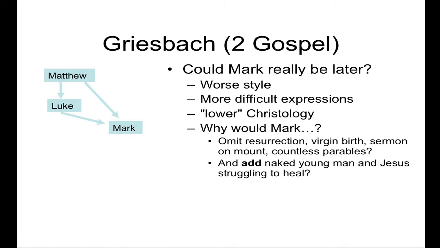And finally, we have to imagine that Mark has omitted the resurrection accounts, the virgin birth, the Sermon on the Mount, a lot of good parables, and he's added strange stories like a naked young man, or Jesus being unable to heal on his first try, and so making some mud with spittle and trying again. Anyway, you get the point. It's really hard to imagine this being the right diagram.